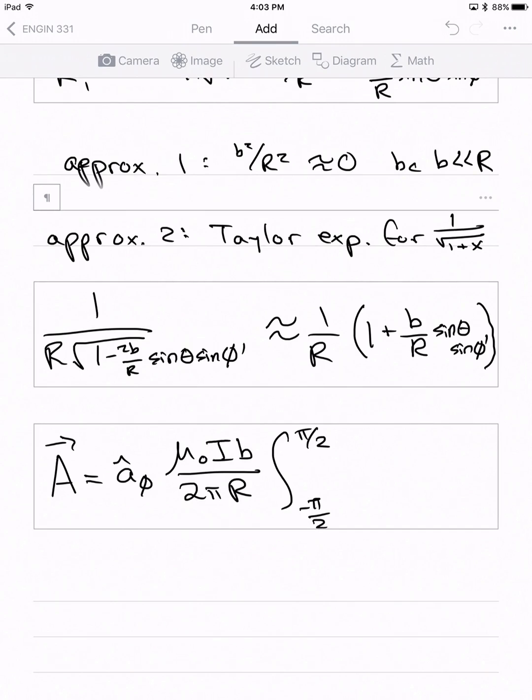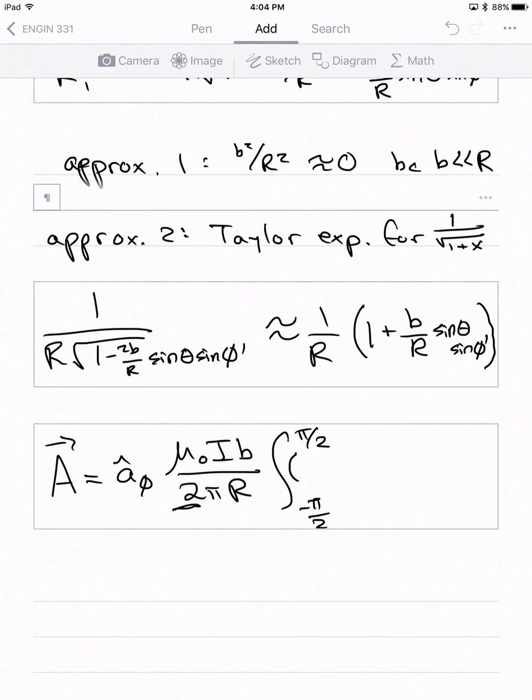Now what I've done here is I've decided to evaluate only half of the integral. So instead of going from minus pi to pi or from 0 to 2 pi, I'm doing minus pi over 2 to pi over 2. And then this factor of 2 here used to be a 4. So I'm actually gaining a factor of 2 and cutting the integral in half because of symmetry.